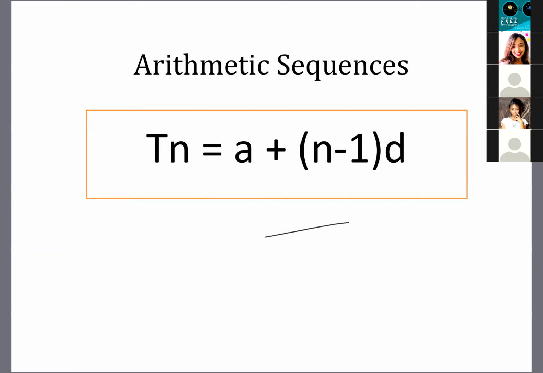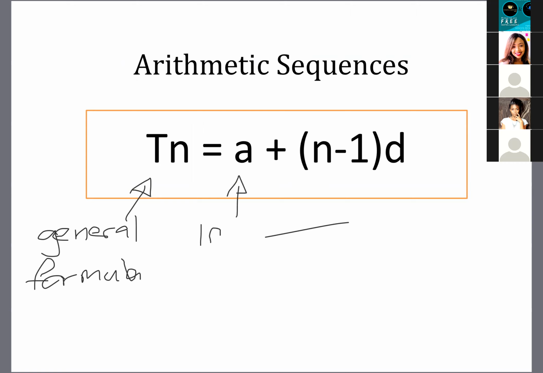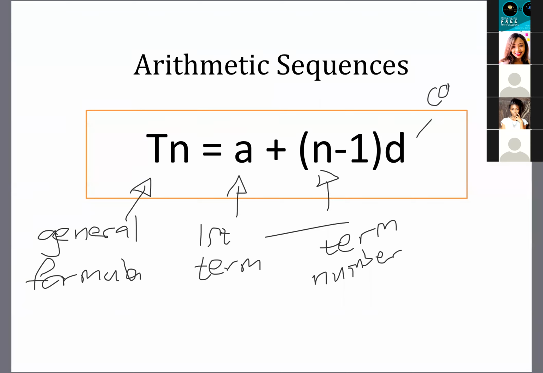Now your Tn is your general formula, your A is your first term, your n is your term number, the one that you're looking for, and your d is your common difference.